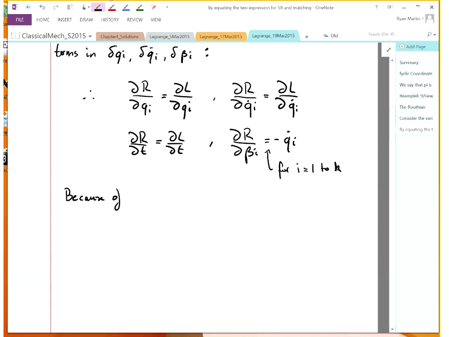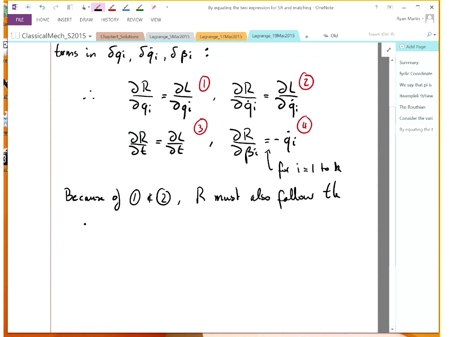So let me just label these four equations in red. Call that 1, 2, 3, 4. So because of equation 1 and equation 2, R must also follow the Euler-Lagrange equation.